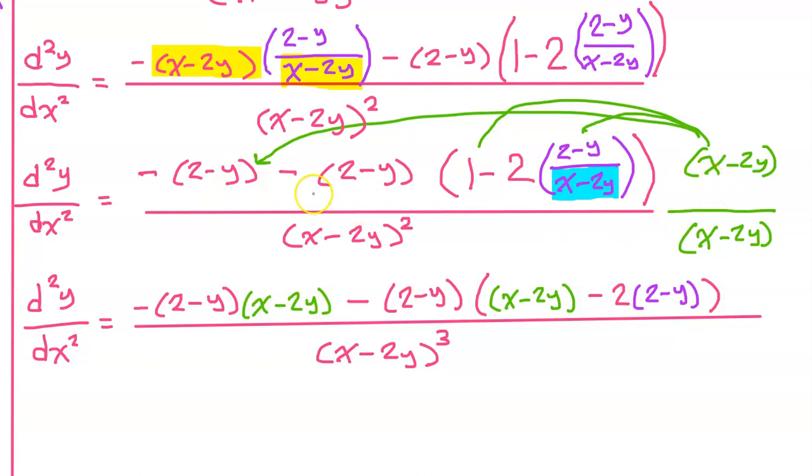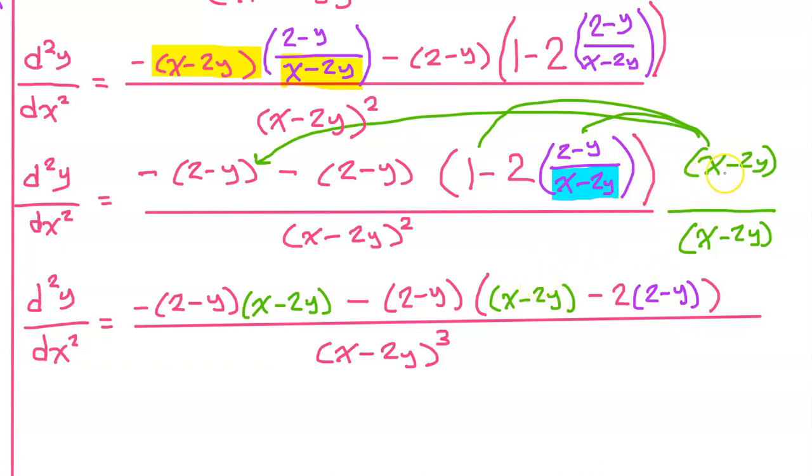When you have a product like this, you don't multiply by both factors. Obviously I was targeting the x minus 2y in the denominator, so I chose this factor to multiply by. But I had to distribute because it had a minus sign in the middle of it. So x minus 2y times 1 gave me this x minus 2y that you see here.